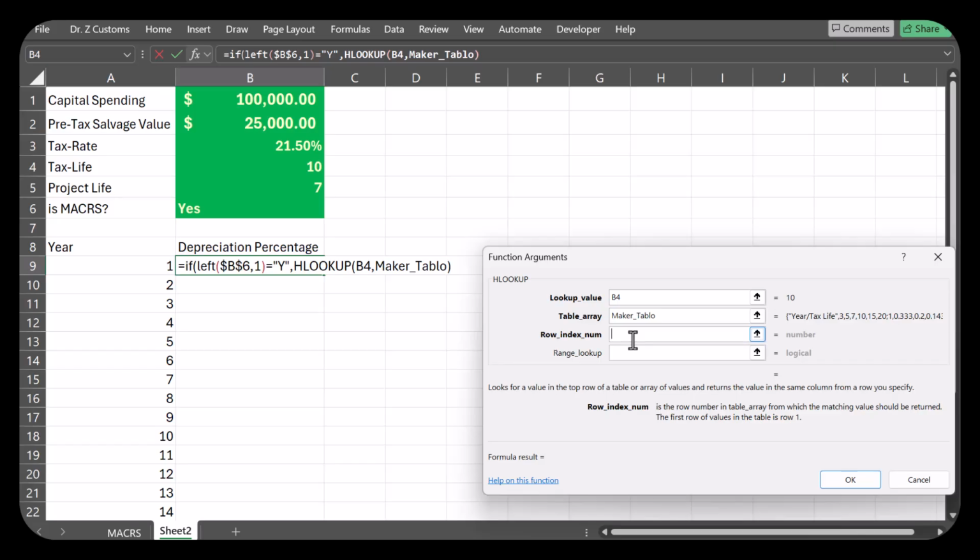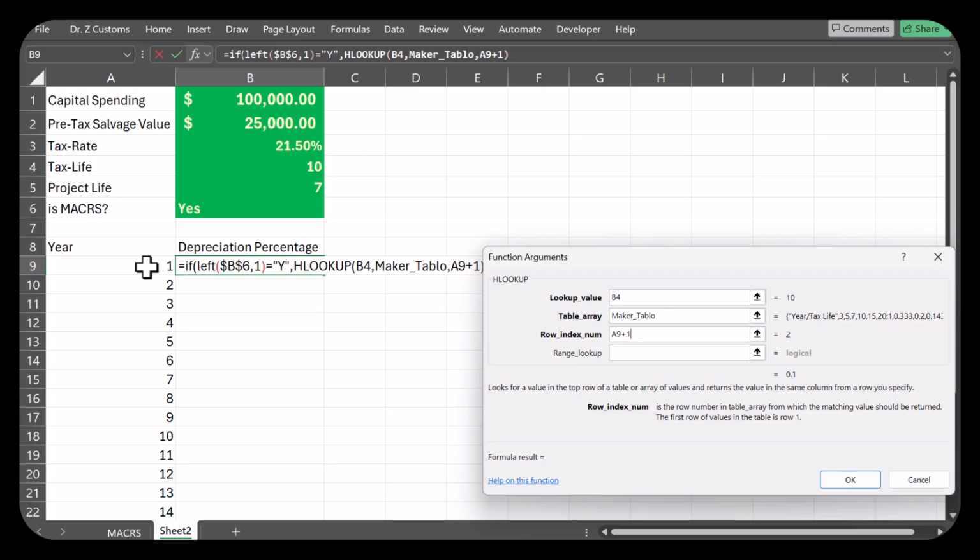Once I find a match, what am I going to grab? Well, I'm going to grab this plus 1 because the first row is just the tax life. So if I'm looking for the first year, I need the second row.